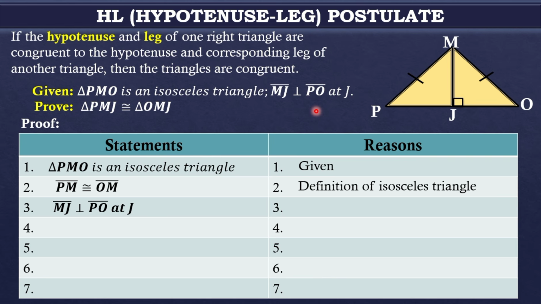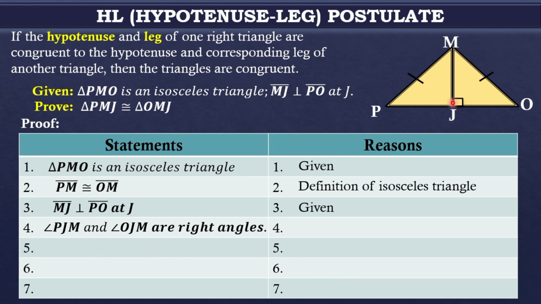And then next, we have MJ is perpendicular to segment PO at J. This is given. Now, when it is perpendicular, it means it will form a right angle. So, that is what you can use as your next statement. We have angle PJM and angle OJM are right angles.